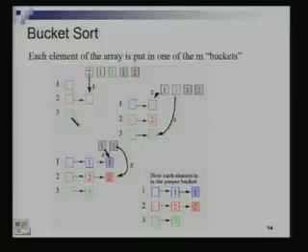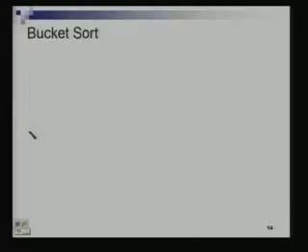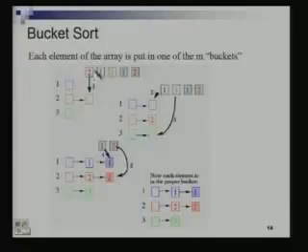So, these are my buckets. Take the first number, it goes into bucket 2, so I put it here. Then I take the next number, it goes into bucket 1, so I put it here. The third number goes into bucket 3, I put it here. The fourth number goes into bucket 1, so I append it at the end of this list.